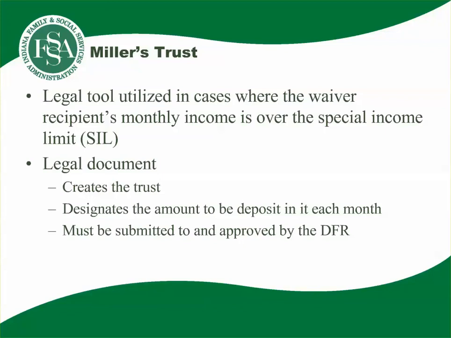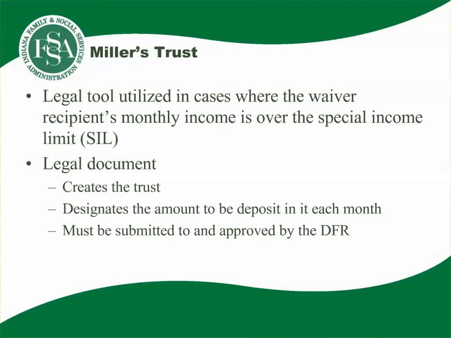The trust document itself can be completed by an attorney, or there are some template forms available on the FSSA website where individuals can create that document for themselves or for their family member. But whether the lawyer does it or the individual does it, it must be submitted to and approved by the DFR before it becomes an official Miller's Trust.